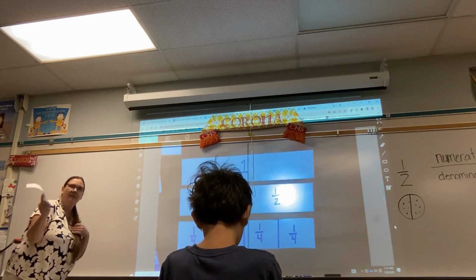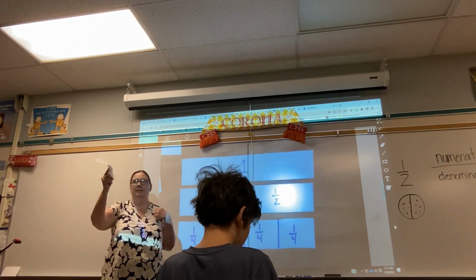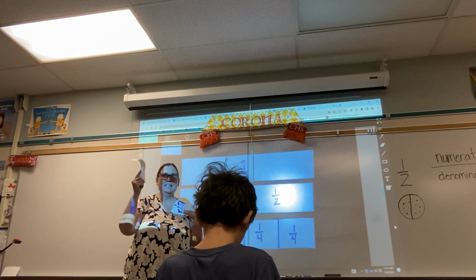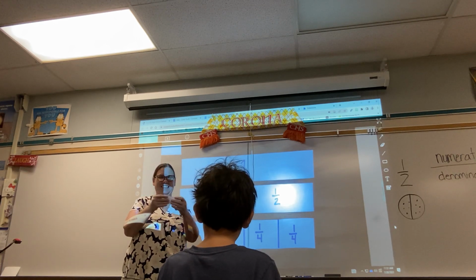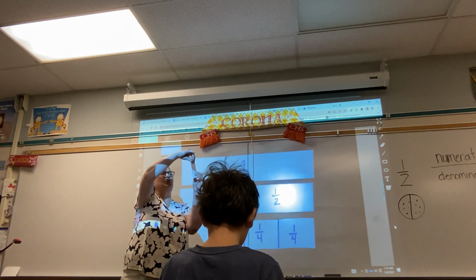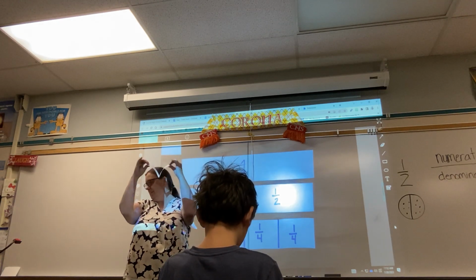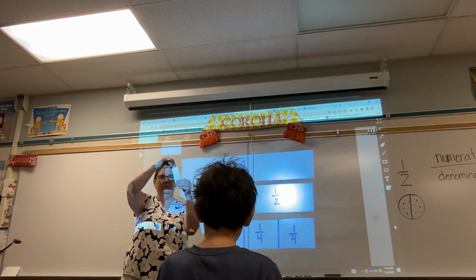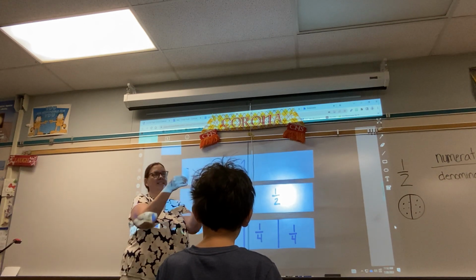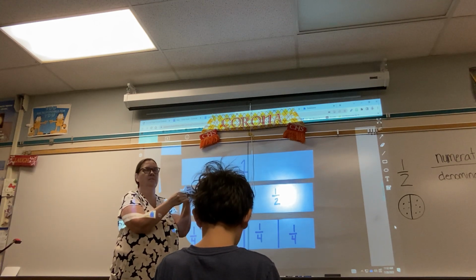So we have one more strip of paper. What are we going to do with it? Fold it. Okay, so we're going to fold in half. So that was like the first strip we folded, right? Now, like the second strip we folded, we're going to fold it in half again.